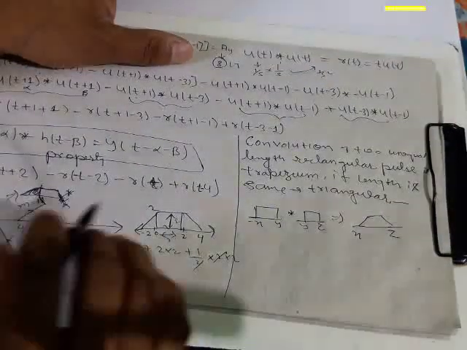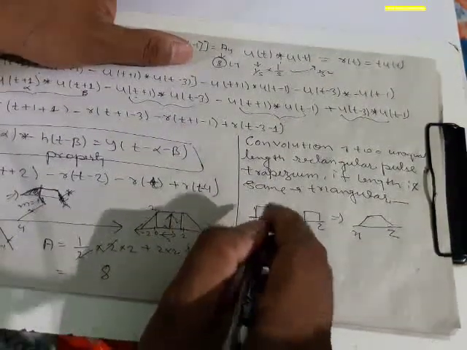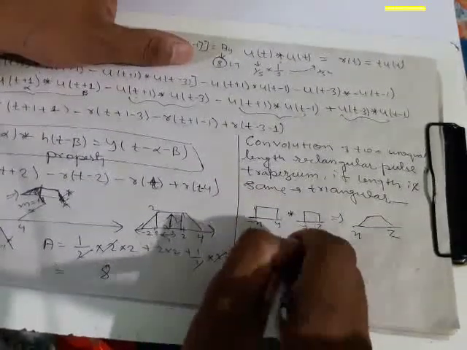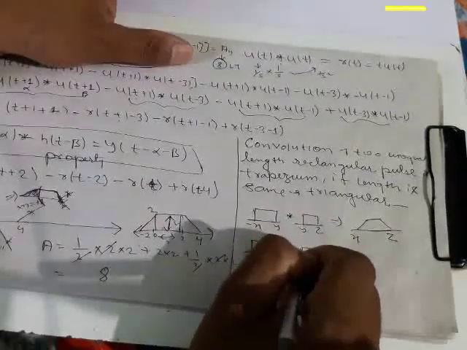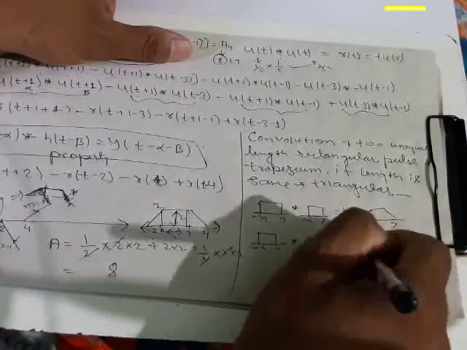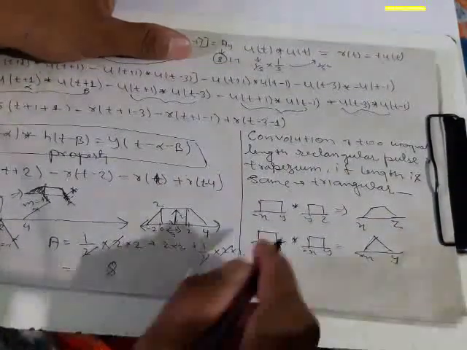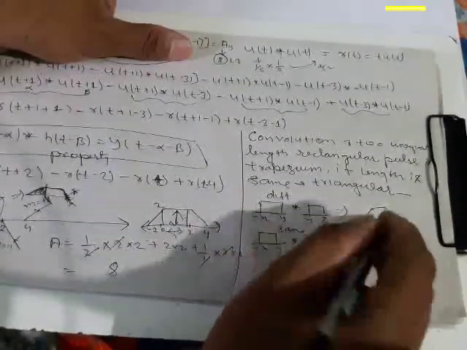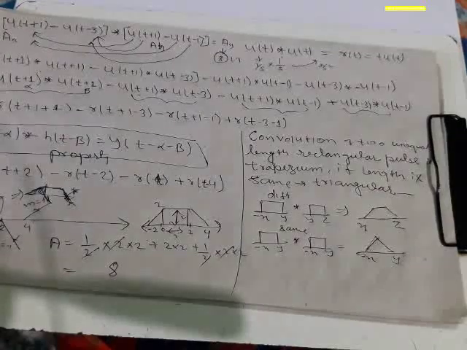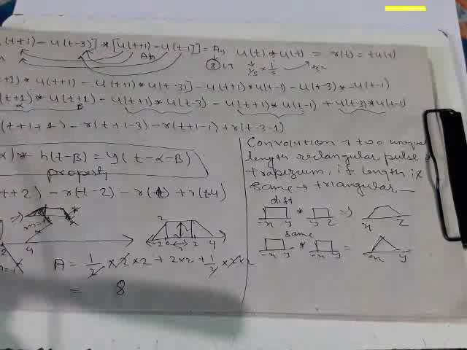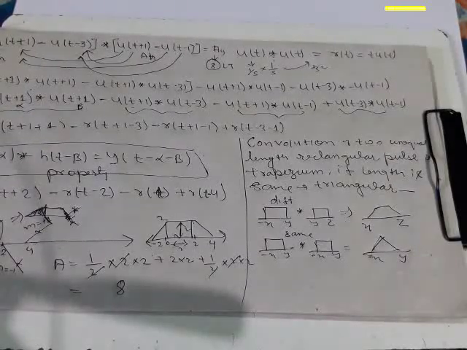Okay, this we will get only when we subtract this signal, then we will get this one. Okay, so we can write it as minus u of t plus 1 plus u of t.